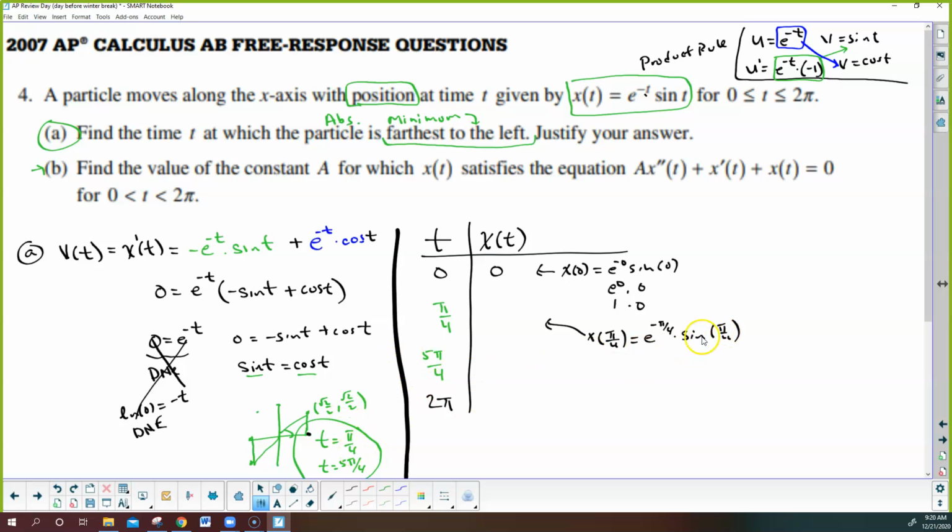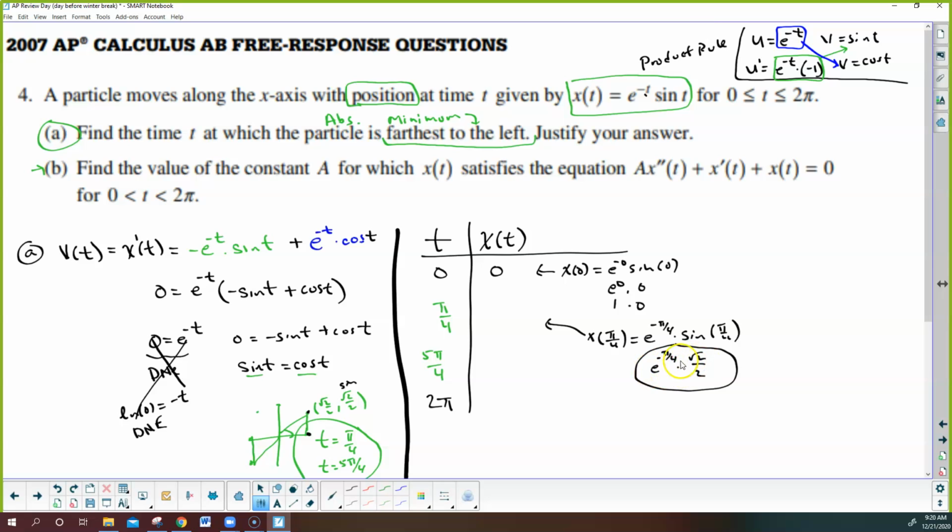But notice, now I have to do sine of pi over 4. Well, wait a minute. I justified what sine of pi over 4 already is. It's square root 2 over 2. And it's times e to the negative pi over 4. Now notice, e to the negative pi over 4, this part right here that I wrote very messy, that's going to be positive.